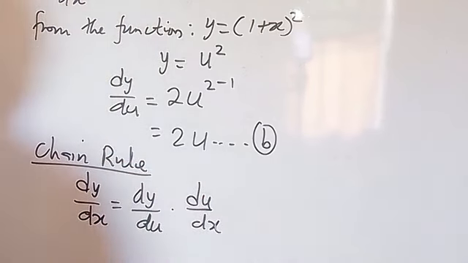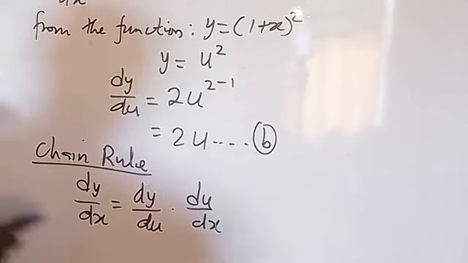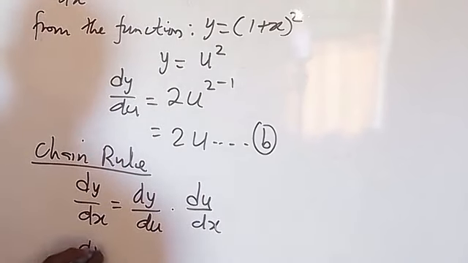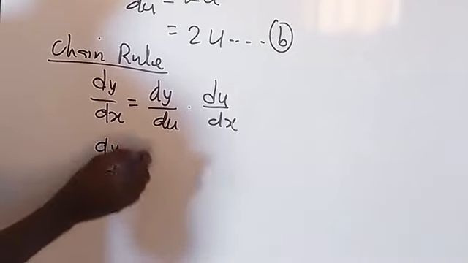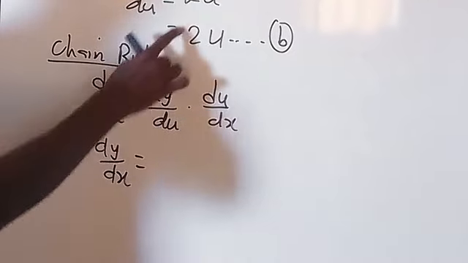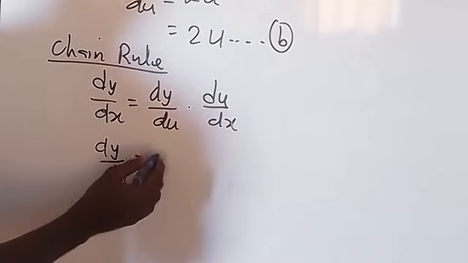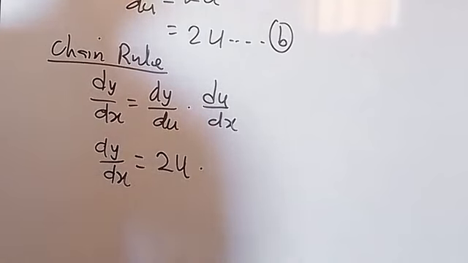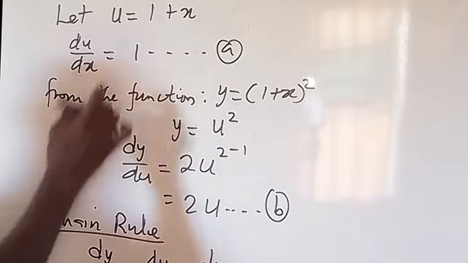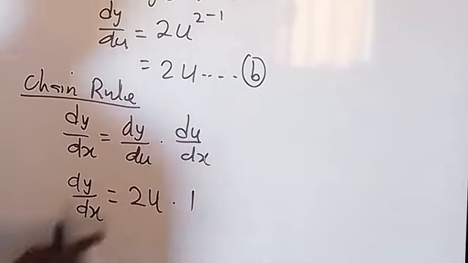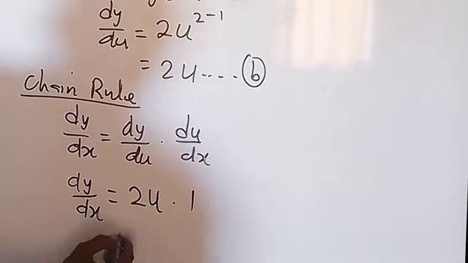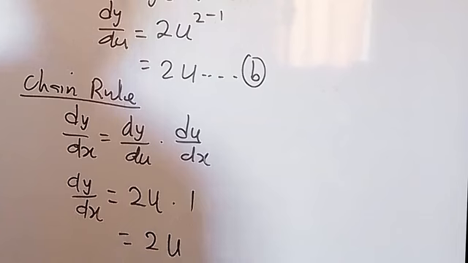And as we can see, dy/dx is what we are looking for. That is dy/dx equals dy/du, which is already here, which is B. So we're going to have 2u multiplied by du/dx, which is 1. So if you multiply 2u by 1, you're going to have 2u.